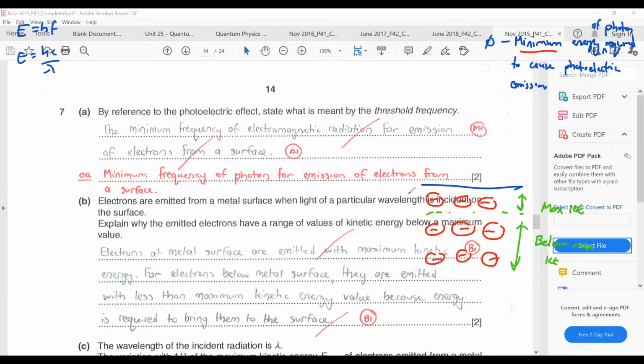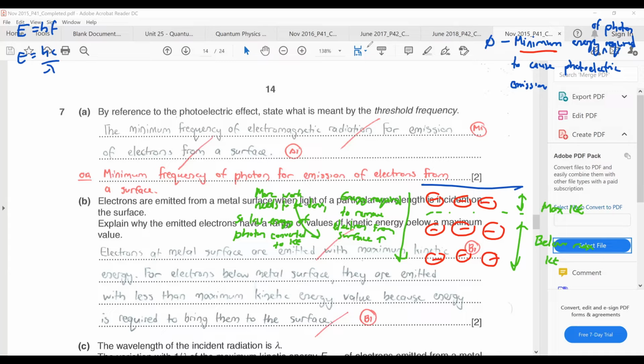Because as you go from here to here, the energy required to remove an electron from the surface increases. In other words, more work needs to be done, so less energy of the photon is converted to KE.